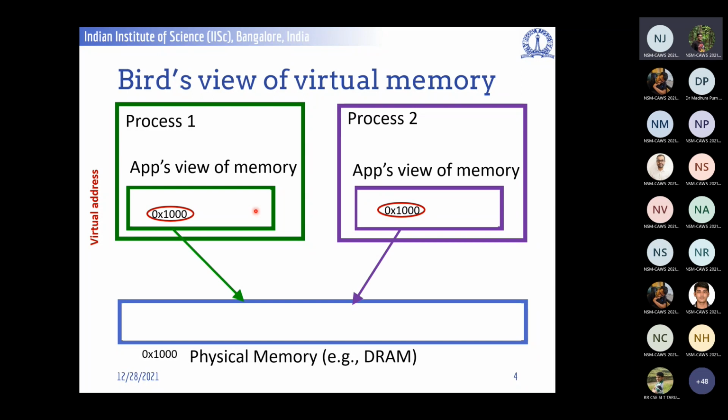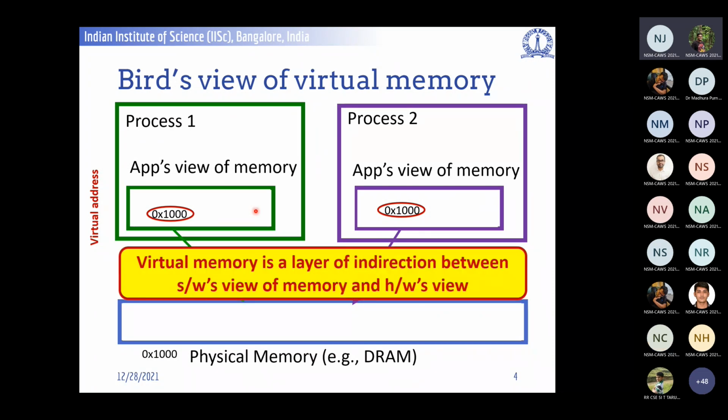At runtime, this will be mapped to a physical address, the real address where the data will actually reside, and that need not be address 1000. It can be something else. You would just map it to some real address, as long as, given this address 1000 and also given the process that is trying to access it, you can find out where the data is actually located, the real address. Then you are good.